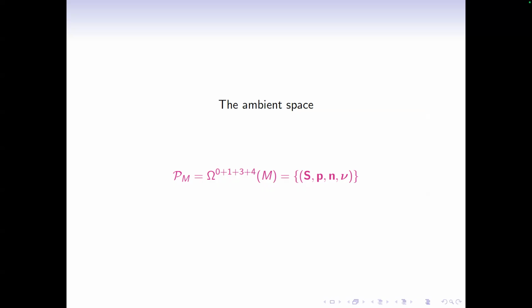P is a 1 form, it's called momentum. N is a 3 form, and it's a flux of the number of particles. So if you take a three-dimensional submanifold, let's say a space-like submanifold, when you integrate n over the submanifold, it tells you the total number of particles of fluid which you have at your disposal. And finally, mu is a 4 form, so it's a kind of a density in space-time, which so far didn't have a good name.